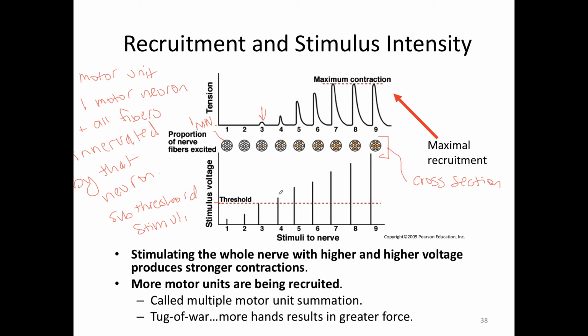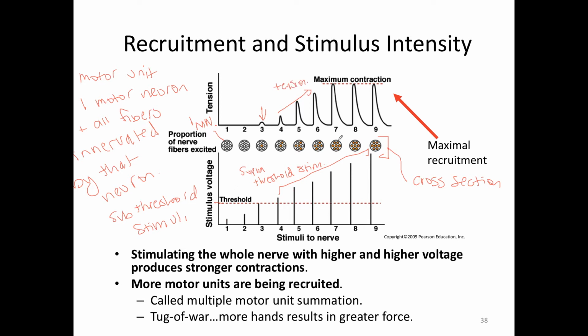Suprathreshold stimuli are these, and that's because they're above threshold. So up to a point, the larger the magnitude of a suprathreshold stimulus, the more motor neurons are excited and the more motor units are recruited, which results in an increase in tension.